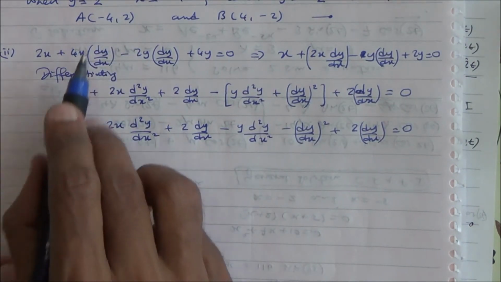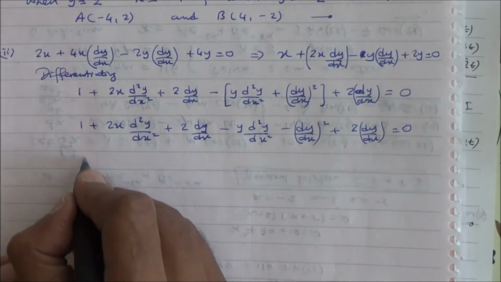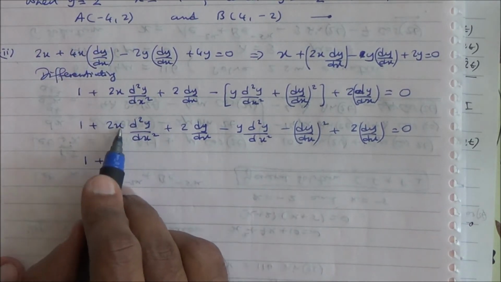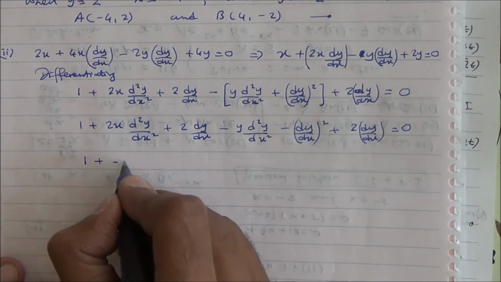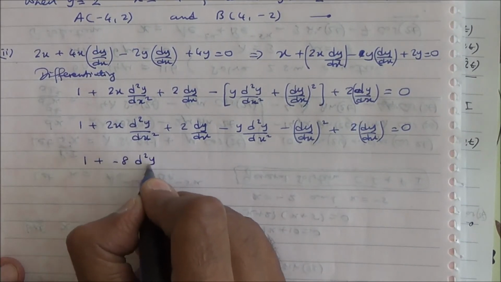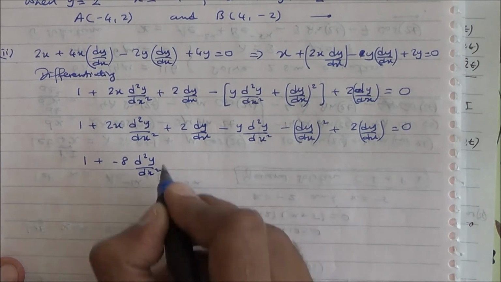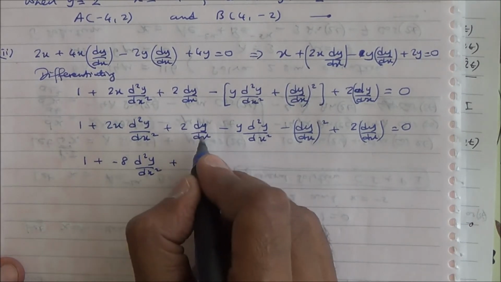So 1 plus 2 times x, which is minus 4, so 2 times this is going to be minus 8 d2y over dx squared, plus 2 dy by dx.